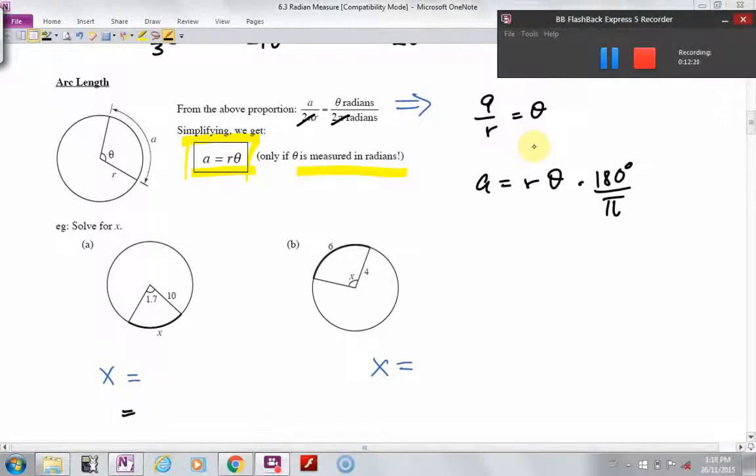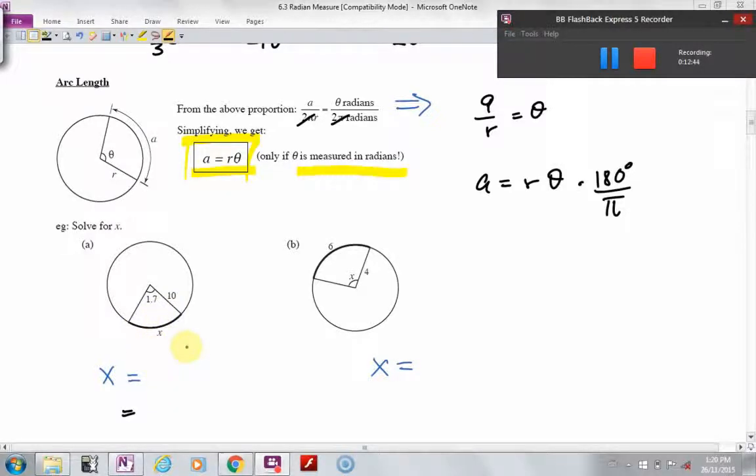Okay, so let's use our formula where a equals r theta when theta is measured in radians to calculate here x, where x is your arc length, and here x, where x is your angle. So go ahead and try those. Okay, so what are we getting for the arc length for A?